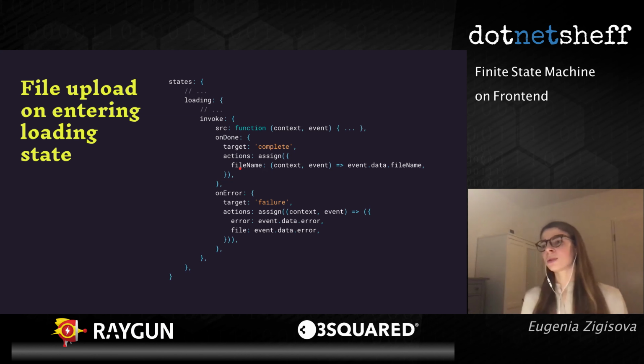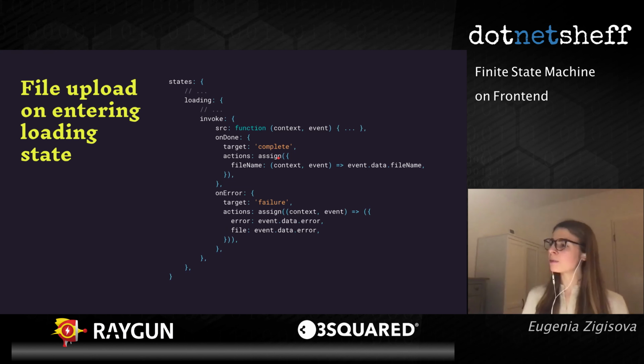And what we need to do, if you remember, on success, we were showing a file name, and it was like an indicator of successful file upload. And we need to save this file name to the context of a state machine. This is the assign method.